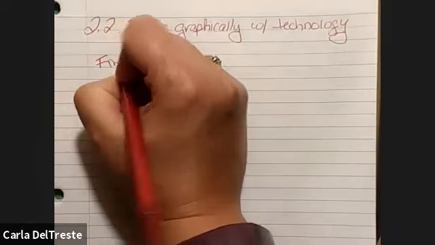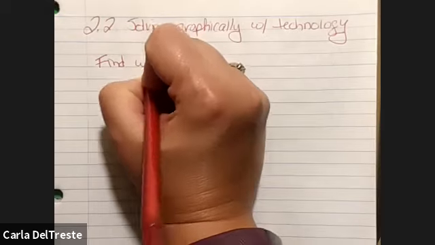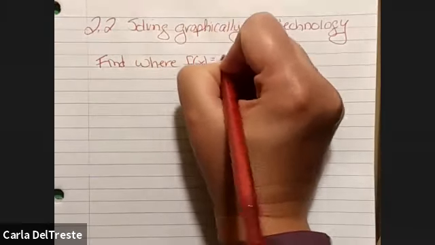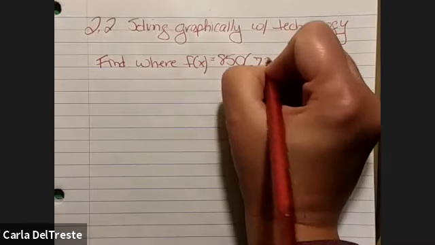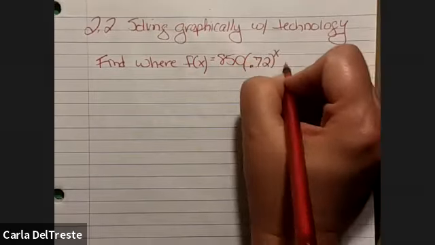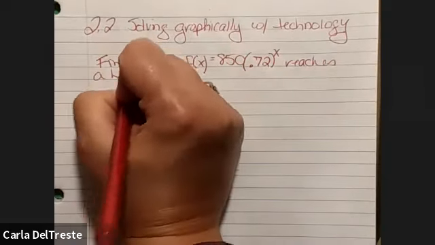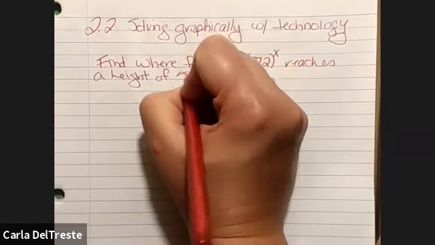Find where f of x equals 850 times 0.72 to the x reaches a height of 500.